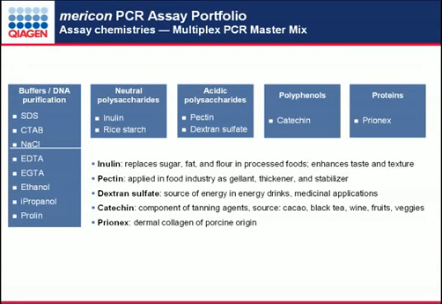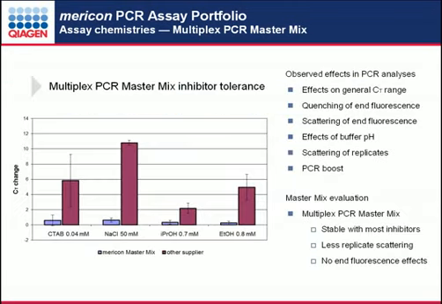So these were the wide variety of chemicals that were added to the PCR master mix to try to understand which one of our master mixes, and whether our master mix, was in fact tolerant to the presence of inhibitors. And this is the kind of information that we got.